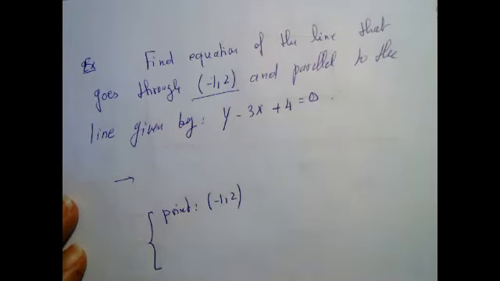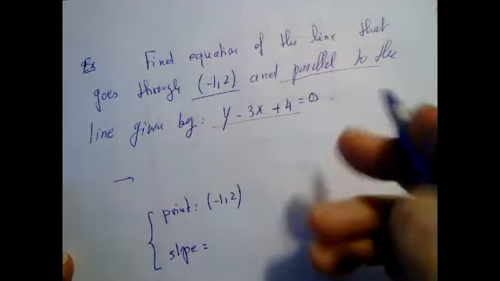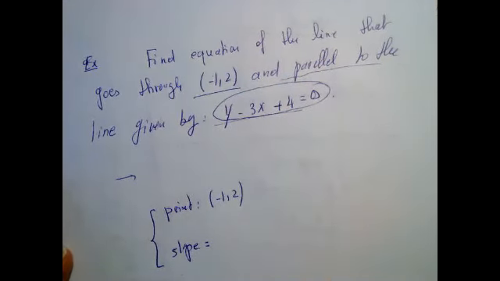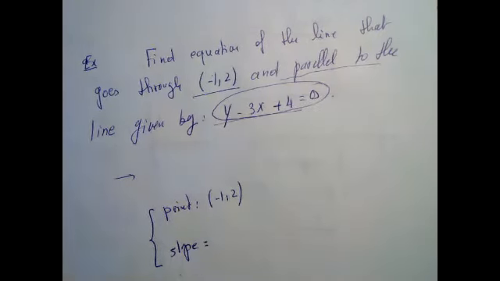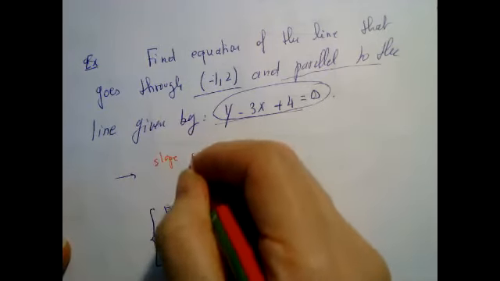And now to be able to find the equation, I need the slope. Is it easy to find the slope of this line? What's the slope? It's parallel to that. So if I know the slope of the line y - 3x + 4, I know the slope that I am interested in. Okay, so let us find here the slope of this line.